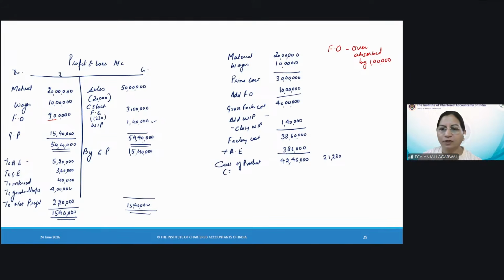When 42 lakh 46,000 is divided by 21,230 units, it gives me the cost per unit as 200 rupees. So this will go as your working note. So less closing stock of finished goods. It is 3 lakh here, but here it will be 1230 into 200.